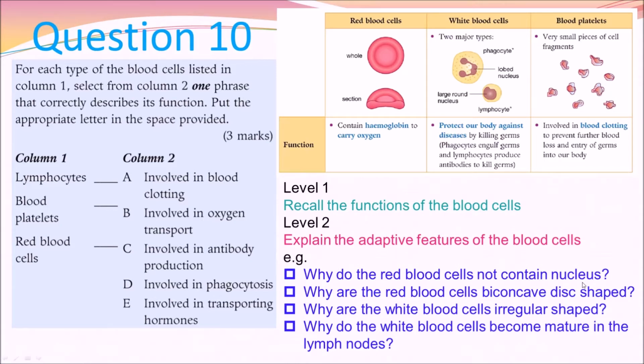The simple idea is that without the nucleus, the red blood cell can spare more space to carry more hemoglobin and then carry more oxygen. So that's the adaptive feature of the blood cells. That's why you really need to spend some time summarizing all the concepts and relating the adaptive features to the blood cells.